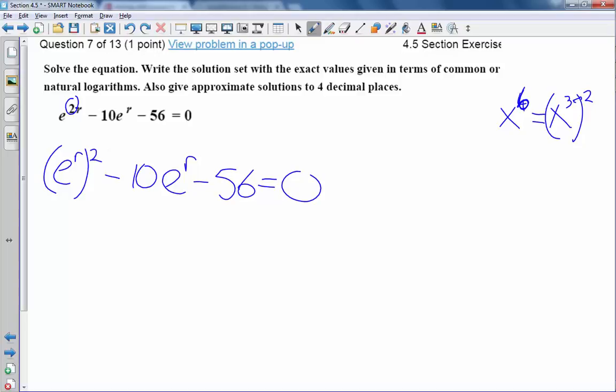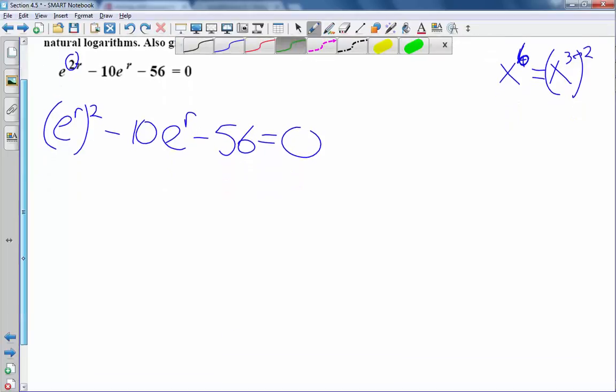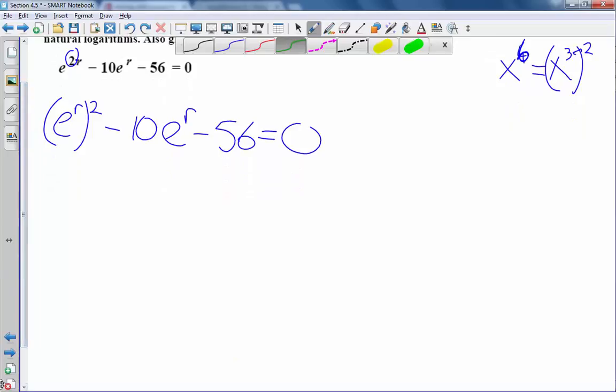Now, for several minutes, just imagine, instead of these e to the r's, imagine they are x's. Cover them with x's. Here is an x. Here is an x. If this question would be with x's, instead of e to the r's, what would your equation be?